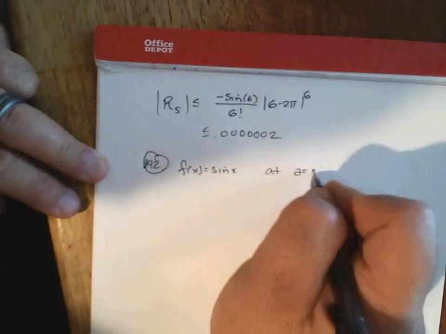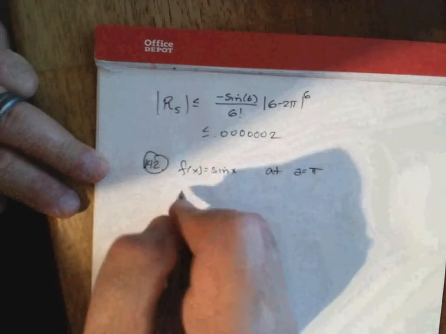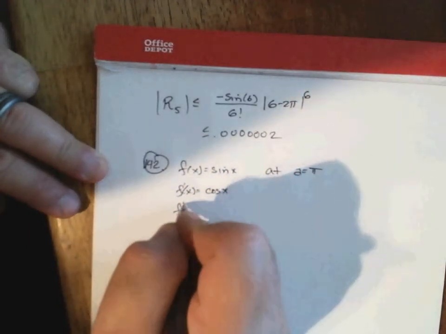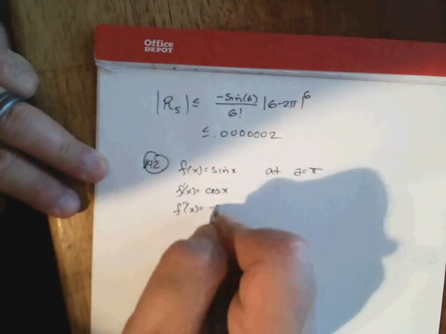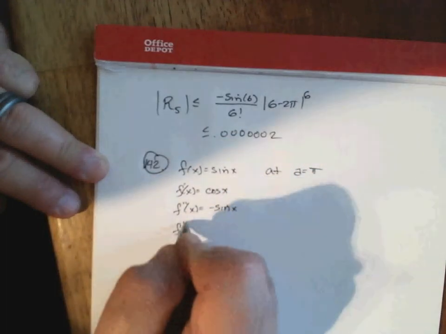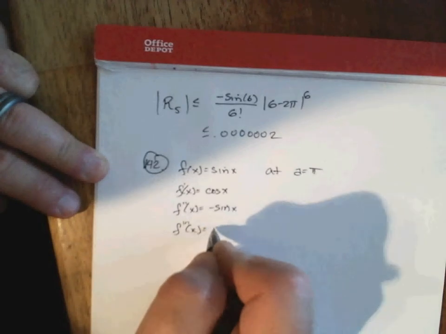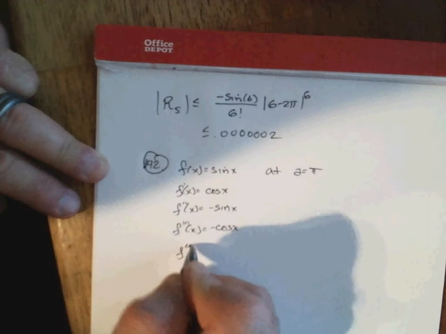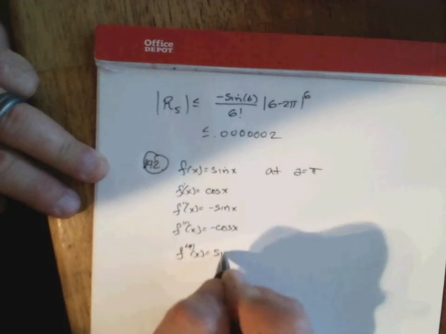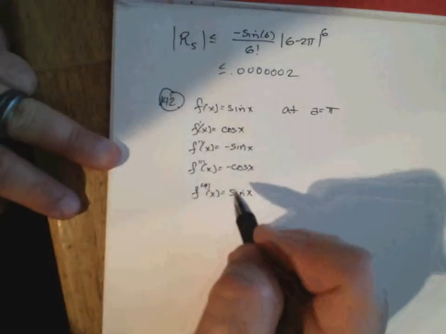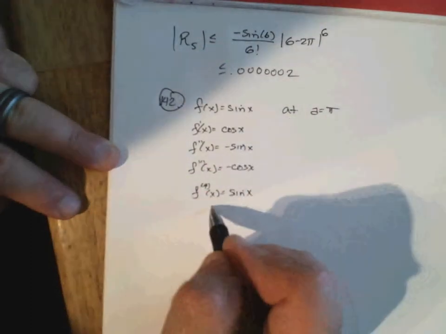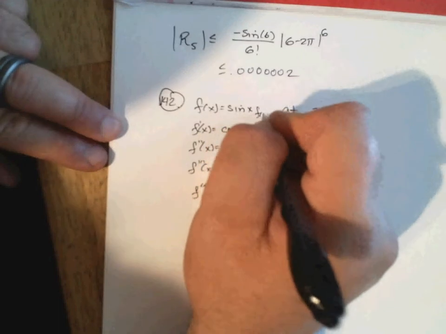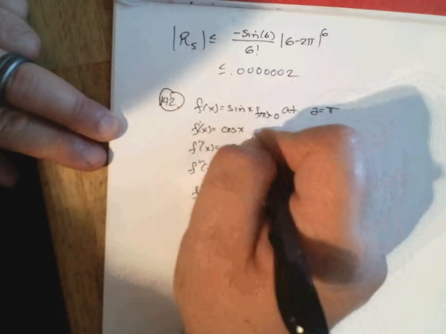And in 142, the function is sine of x at a equals pi. So take some derivatives. And look at that, you're back to sine of x, aren't you? So it's just going to repeat itself. Now do the evaluations.